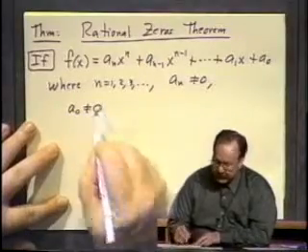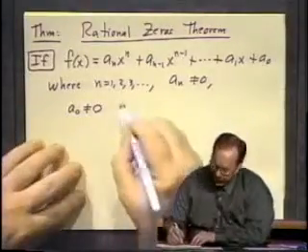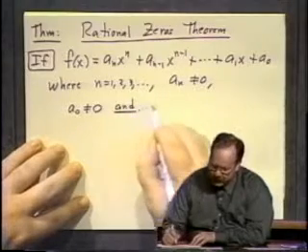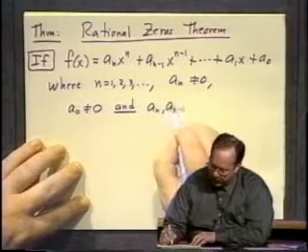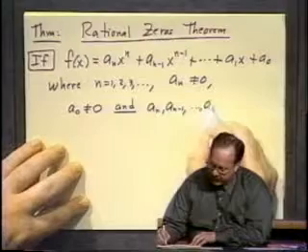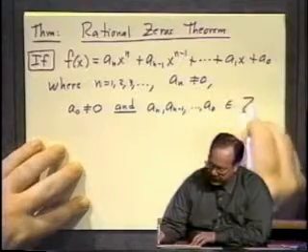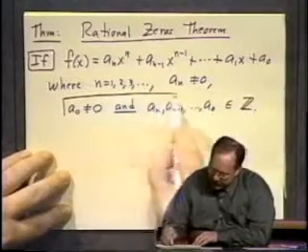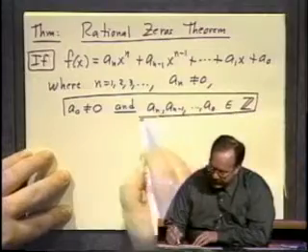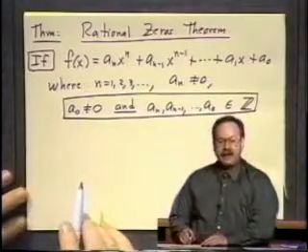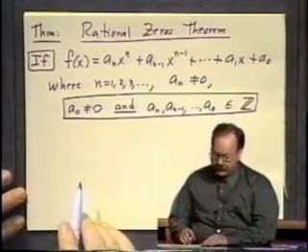We assume now that the constant term is not 0, and we assume further that all of the coefficients, a sub n, n minus 1 down to a sub 0, are integers. I'll even box this part in because that is totally new. We haven't had that in a statement of a theorem about polynomials before.